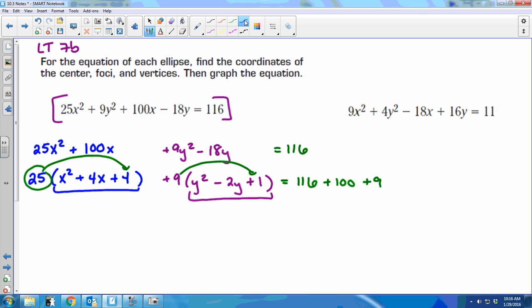All right, so now I need to rewrite, I need to factor. So I've got 25 still, and I have x plus 2 squared. I have 9, and I have y minus 1 squared. And then 116 plus 100 plus 9 is 225.